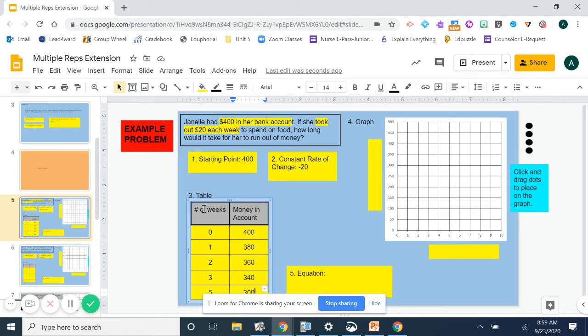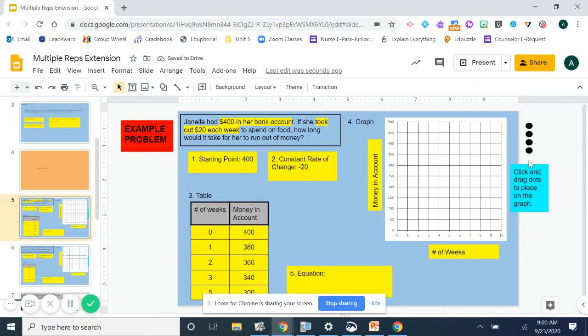Well, my variables are right here, the number of weeks versus the money in the account. Now, on the horizontal axis, that is our x-axis. So my x values in this case are the number of weeks. So I'm going to type number of weeks. My y-axis is going to be the money in account. So I'm going to type money in account.